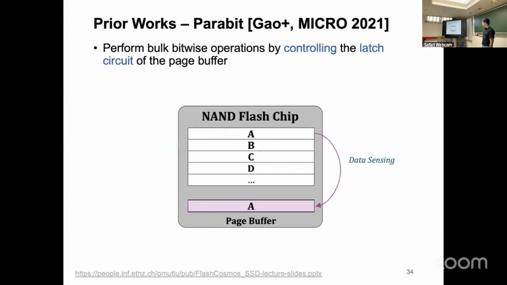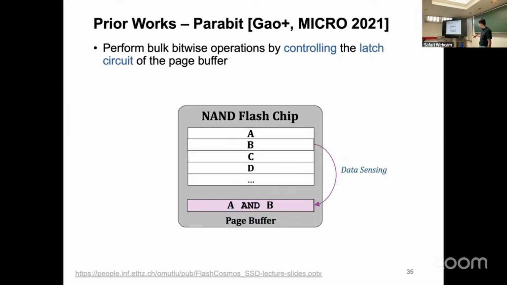So how do we do that? Parabit performs bulk bitwise operations by controlling the latch circuit of the page buffer, where here you have a NAND flash chip with some operands stored, and we read each of those operands into the page buffer sequentially and then do the computation inside the page buffer.